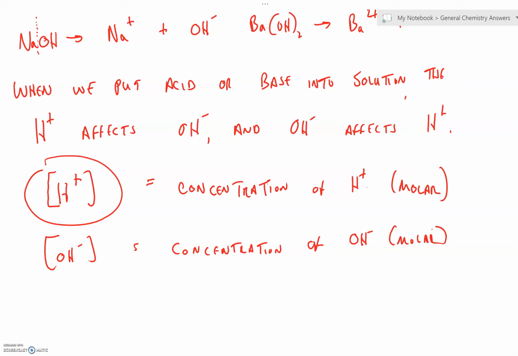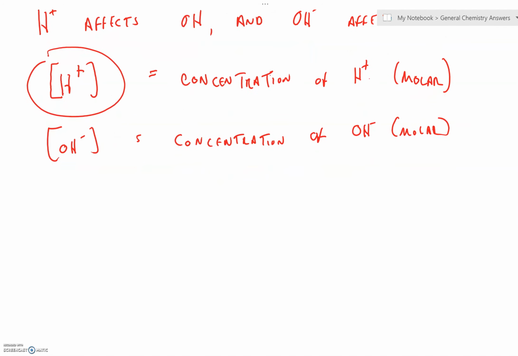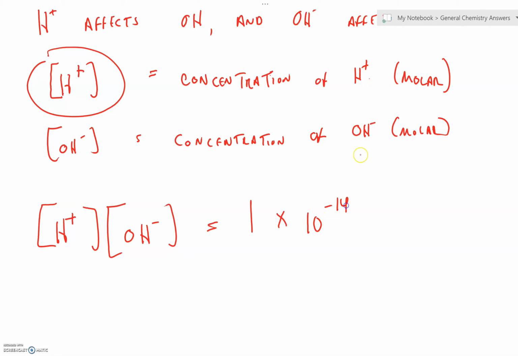All right. This is what we want. For some reason, in solution, the concentration of H plus times the concentration of OH minus always equals 1 times 10 to the negative 14th.